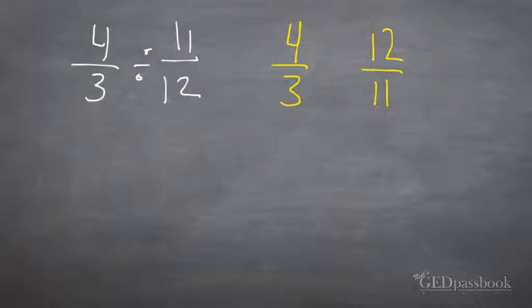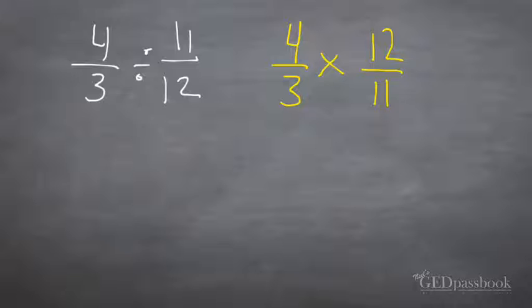Why do we flip? We flip to convert the division sign to a multiplication sign. So technically, division doesn't exist. We flip and then we just deal with multiplication every single time. Flip the second one and then multiply.